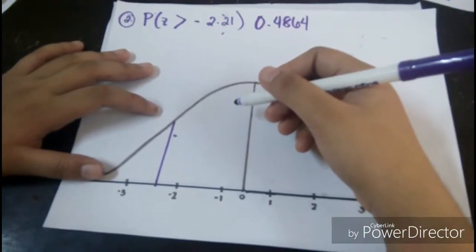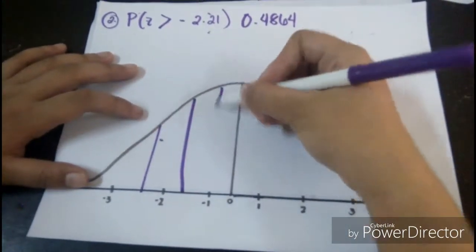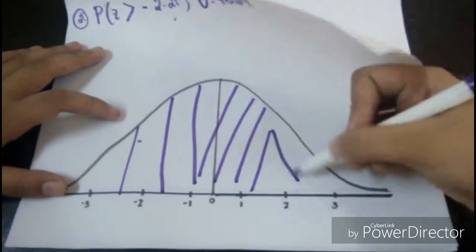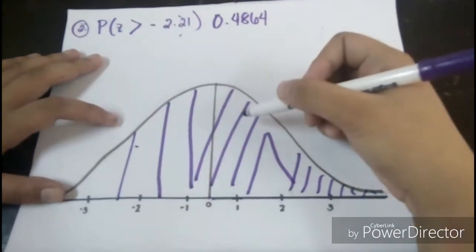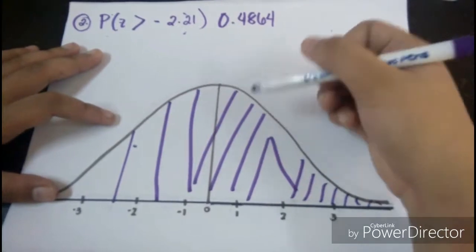We need to shade the area of negative 2.21 because when the problem is greater than, it's always on the right side.